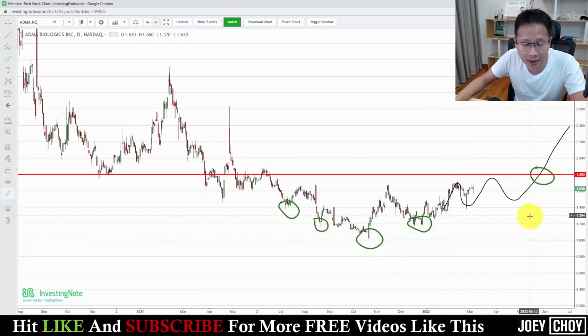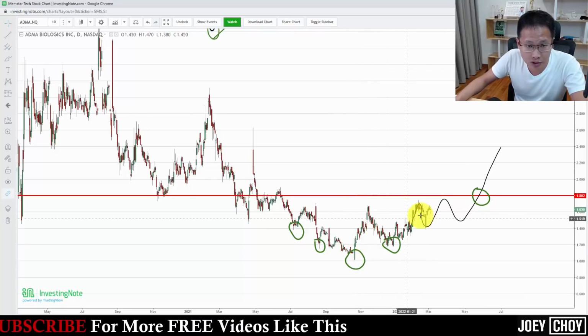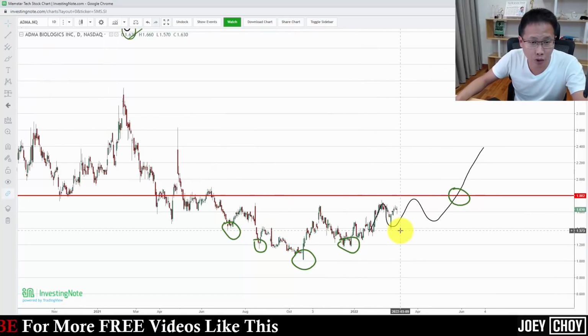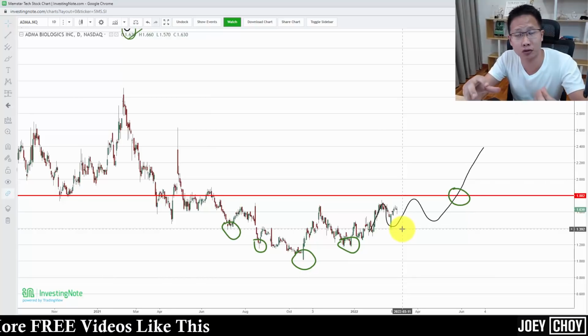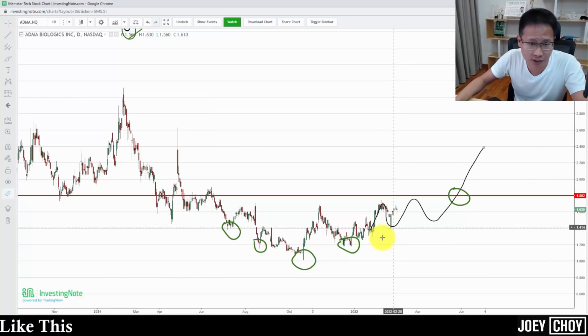That's a sign of strength in terms of this inverse head and shoulder pattern. Normally we want to see a peak, a left shoulder and a right shoulder, but sometimes there could be a few left shoulders, and a few right shoulders as well.